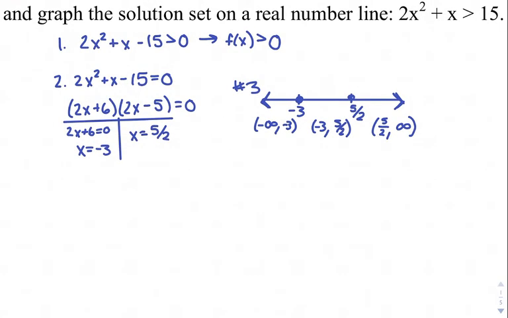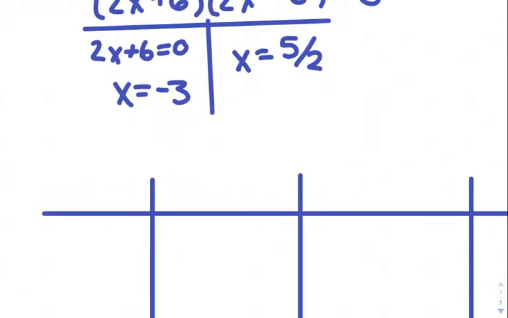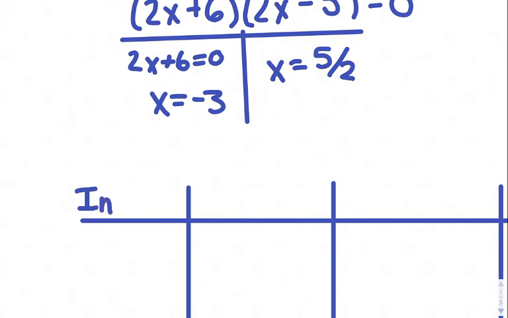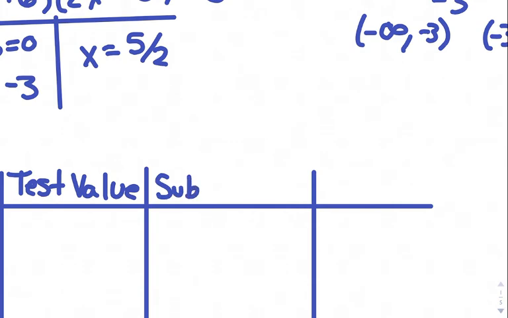Now what I need to do is write my test values. I'm going to set up a little chart just to make it easier. It's going to be 4 columns. The first one is the interval that we just came up with. The second one is our test value. The third one, we're going to substitute it in.